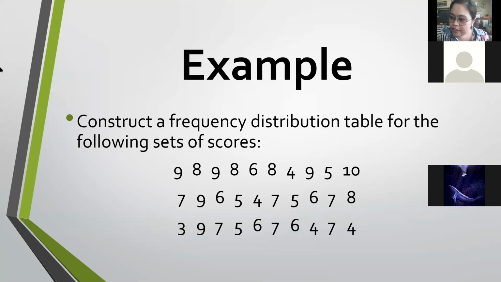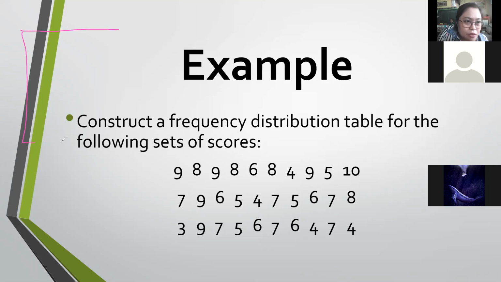I-group lang nato ang scores kung kinsa sa ilaha ang magkapareho. So we have the example on the screen. Construct a frequency distribution table for the following sets of scores. Wait lang, let me write sa screen. So ani lang siya.